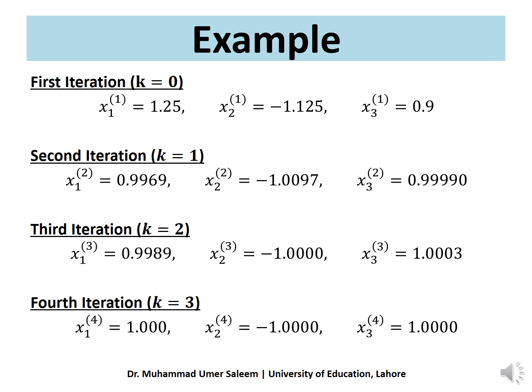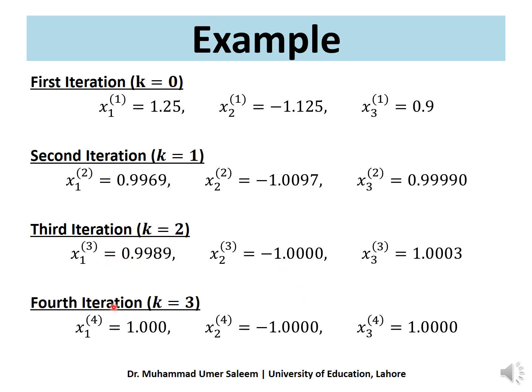And then for the second iteration, you will get these values. And for the third iteration, you will get these values. When you put k equal to 3, this will be the fourth iteration, and in the fourth iteration you will get these values. Since I have to check one decimal accuracy, I just write down these terms to 4 decimal places.